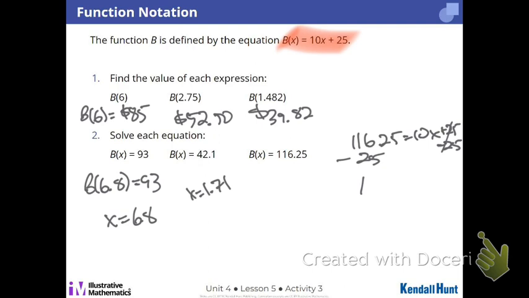It's 9.125. I got 116.25. Just doing this in my head real quick. Subtract, carry the 4. 91.25. So x is 9. Ooh. Look what I just did there. 9 and an eighth, but it is 9.125.